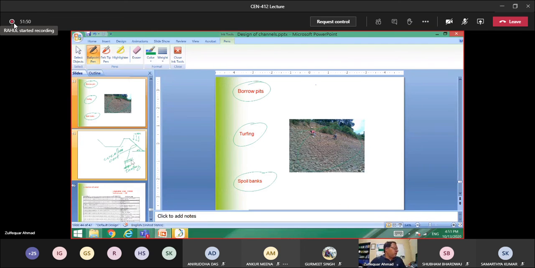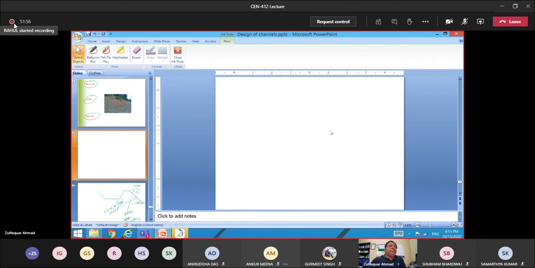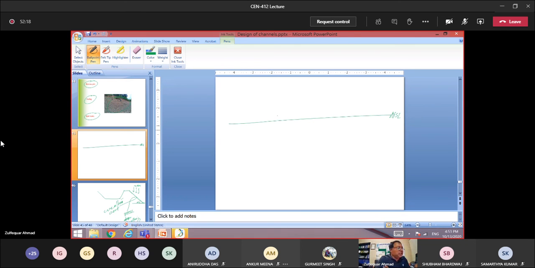Another one is the borrow pits, in partial filling. I mean, if the canal is in filling, or maybe in partial cutting and partial filling, let us say you have the NSL like this, and your canal is like this.